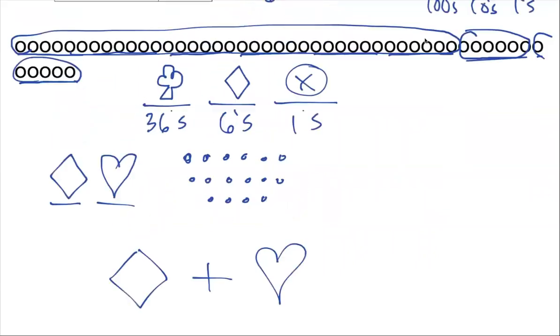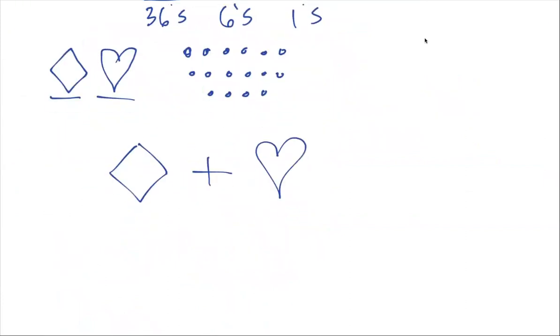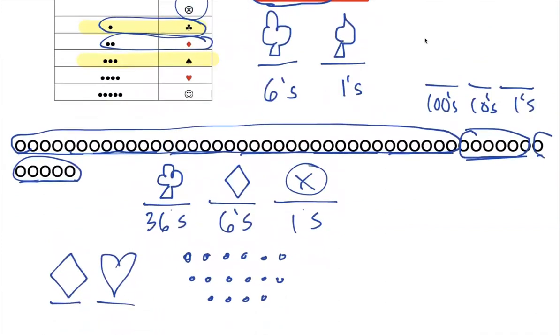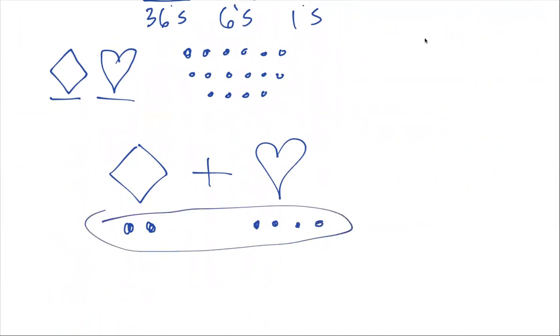So diamond, if I go back up here, is 2. Heart, 4. Okay, now look at these collectively and come up with a symbol for it. Well, if I look at it all together, it's 6. So how do I write 6 in this system?